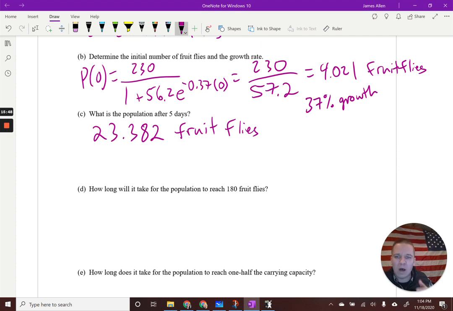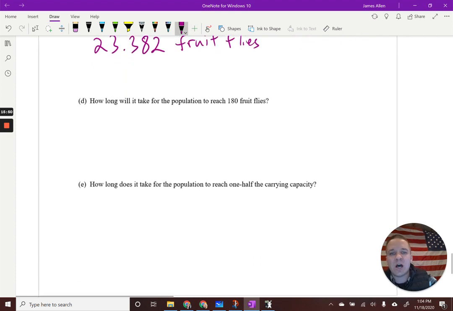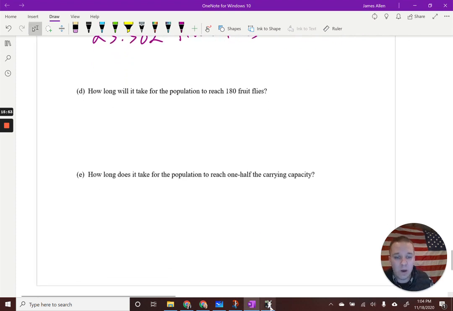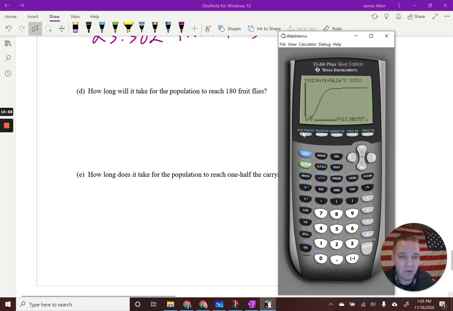And then we have, how long will it take for the population to reach 180 fruit flies? Well, we can use our graphing calculator, but I'm going to have to add in another equation here, and we're going to throw in 180. And we'll find ourselves an intersection. Okay, so how long until 180 fruit flies?